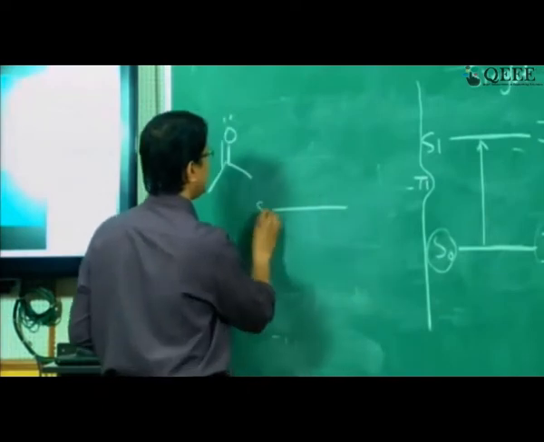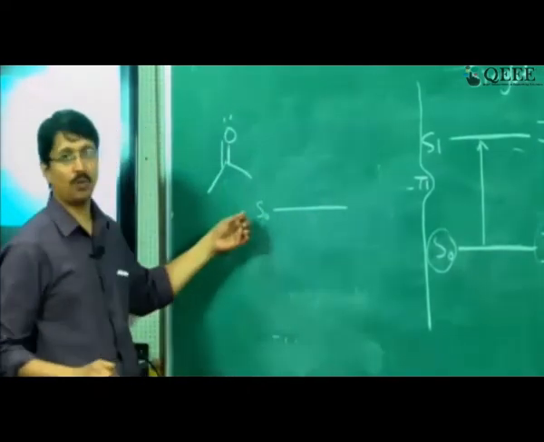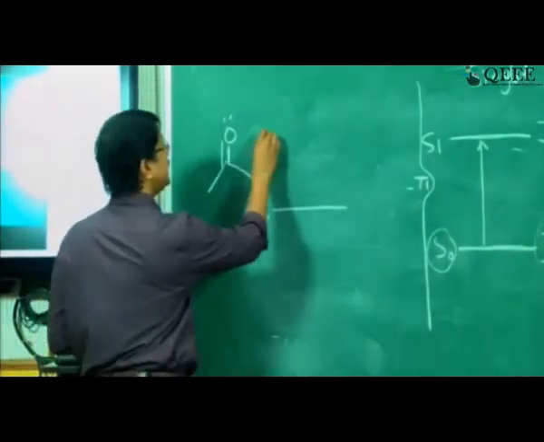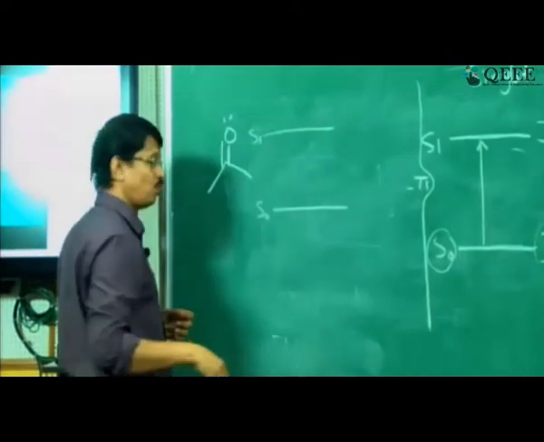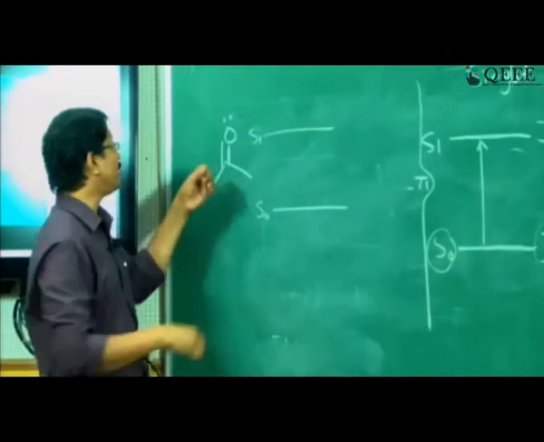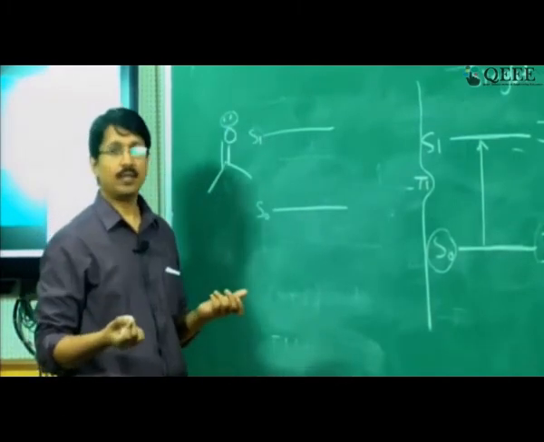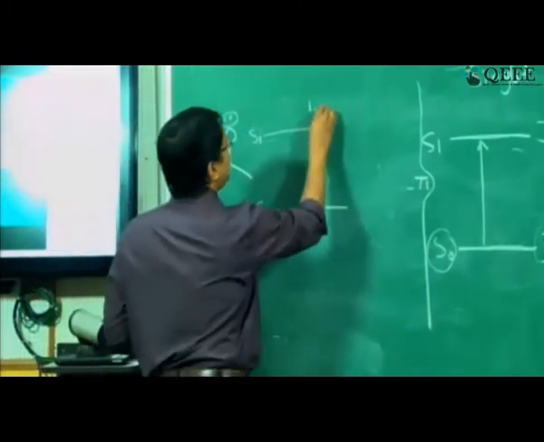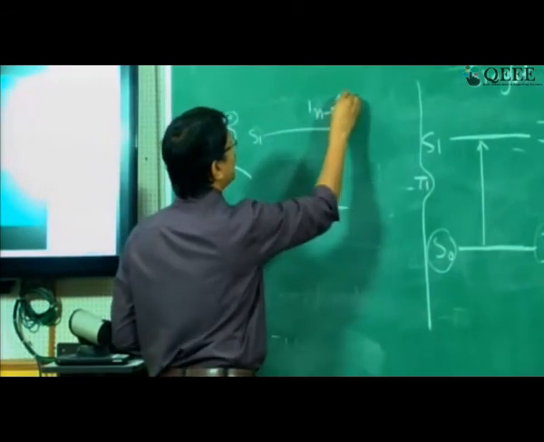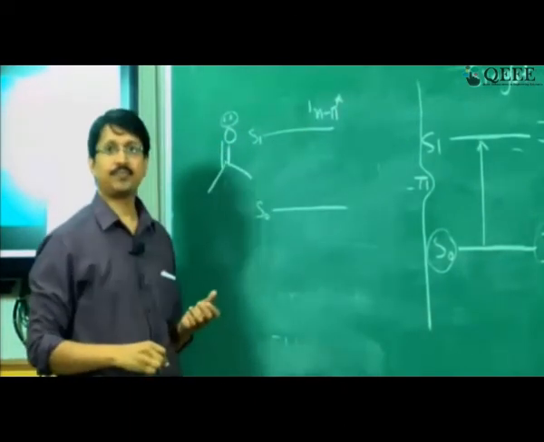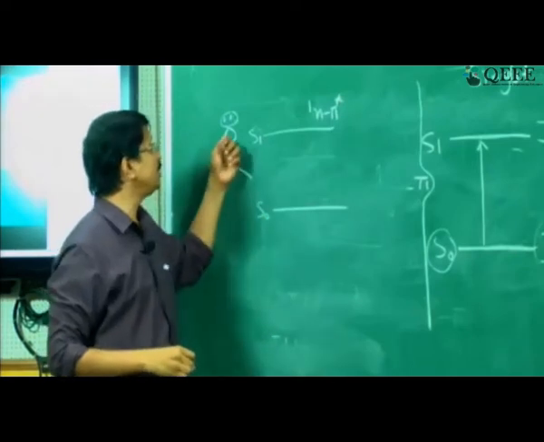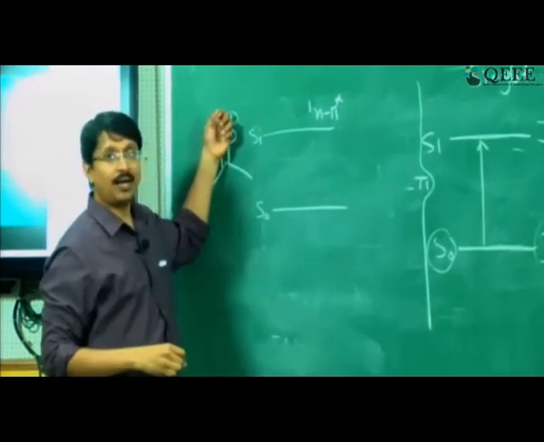There is a ground state which is represented as S0. There will be an excited state which can be represented as S1. Suppose I am exciting these non-bonding electrons, it will be an n to pi star singlet state, because non-bonding is going to the pi star anti-bonding.